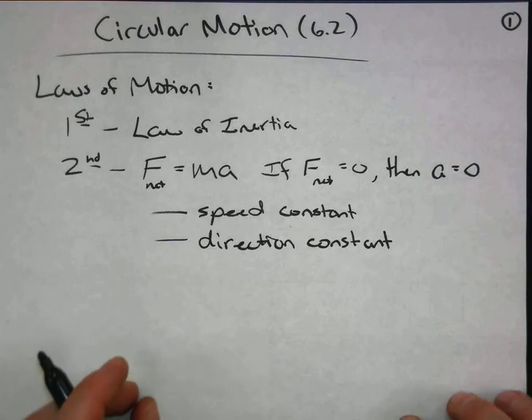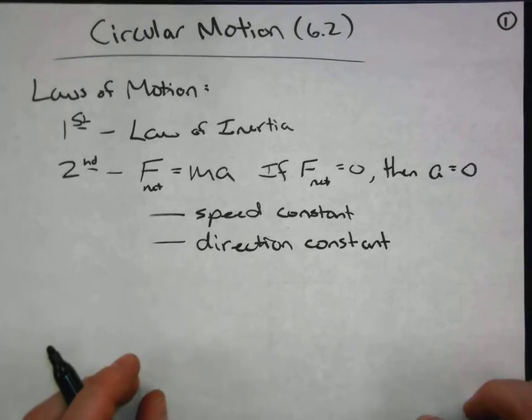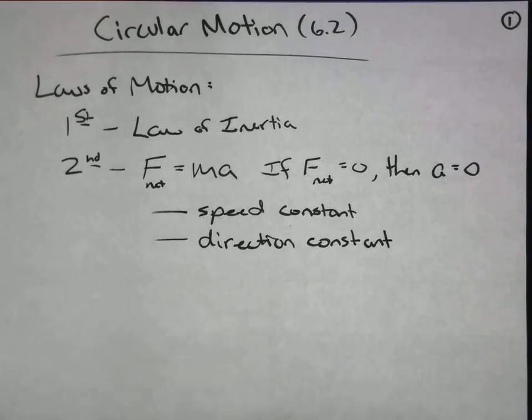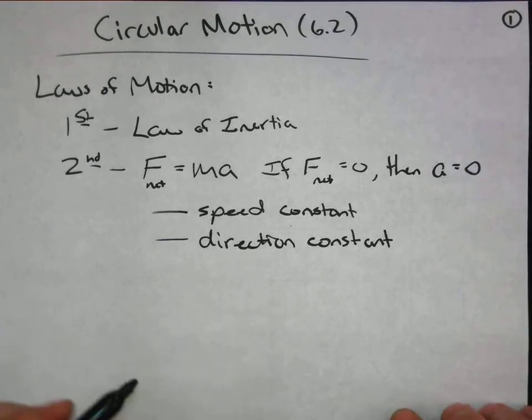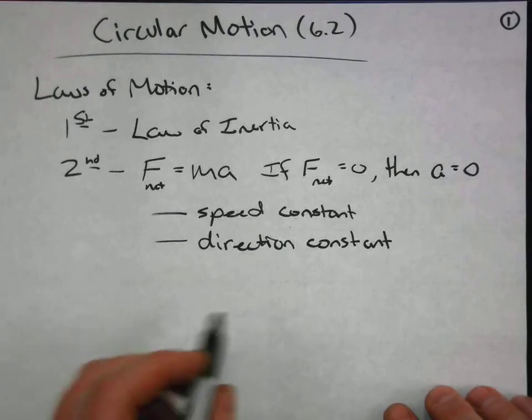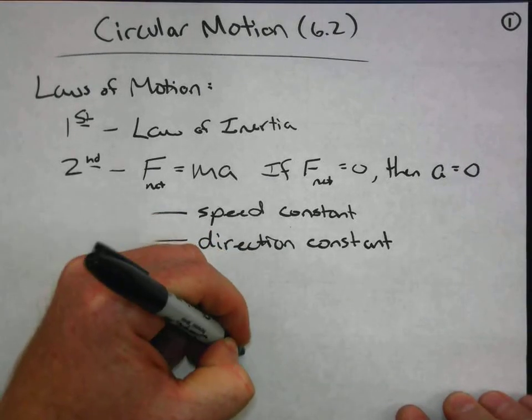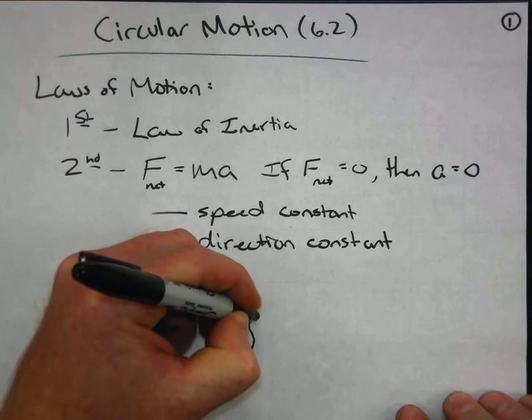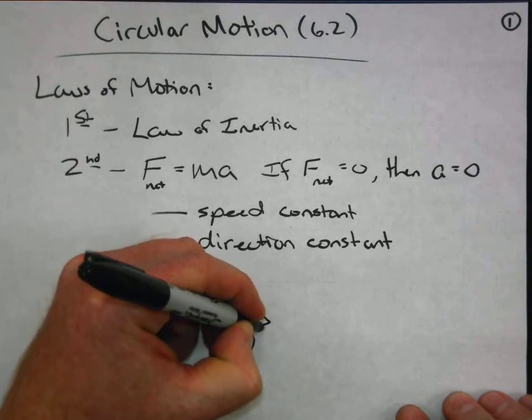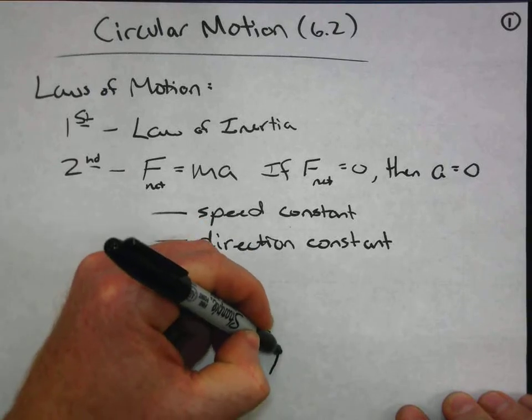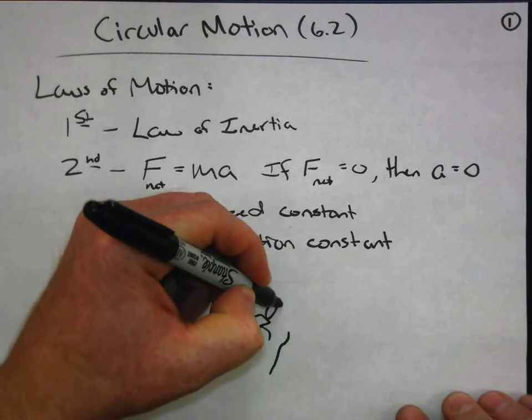Now we can consider something moving in a circle. Imagine something tied on a string and you swing it around. That's easy enough. I'll try to draw something real quick for you here. This is a diagram you're probably going to see me do a couple times.